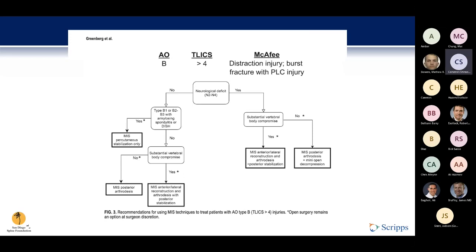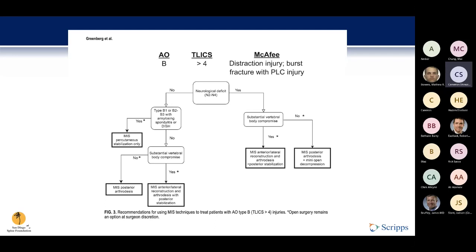Now for the higher grade injuries, so AO B or TLICS greater than 4, and in the McAfee classification, distraction injury, burst fracture with PLC injury. Once again, neurologic status is the first thing. If you have neurologic injury and substantial vertebral body compromise, then once again you go down the anterior lateral reconstruction pathway.